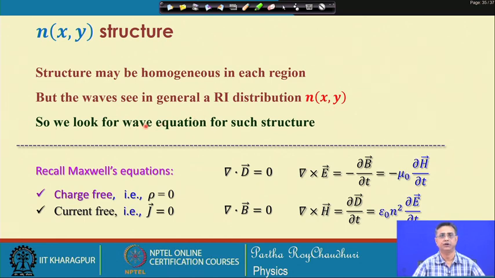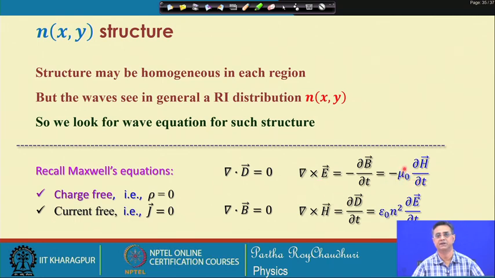So, we look for the wave equation for such a structure, and to do that we will recall Maxwell's equations for a charge-free and current-free region. So, rho equal to 0, J equal to 0, and you have a set of 4 Maxwell's equations: del dot D equal to 0, del dot B equal to 0, and so on. We assume that all the media involved are non-magnetic.